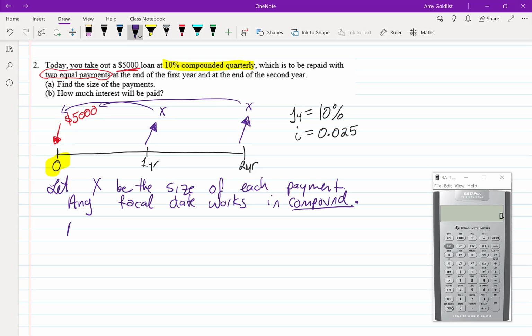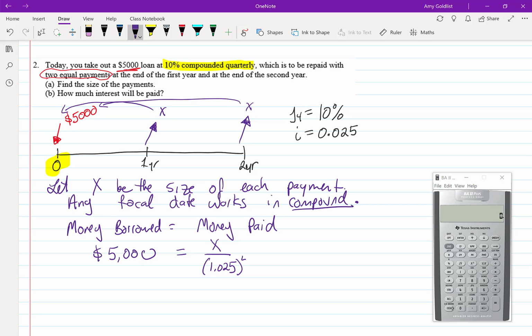So let's put our money borrowed equals money paid, or money in, money out. Our money borrowed was $5,000. And our money paid was that first payment of X, but it's going back in time 1 year or 4 quarters.